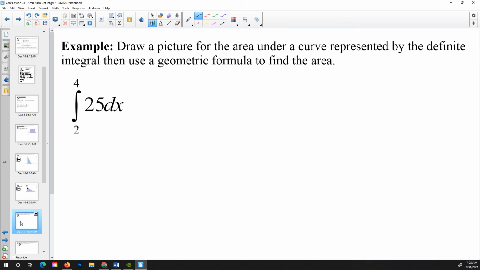Example, draw a picture for the area under a curve represented by the definite integral, then use a geometric formula to find the area. Okay, so it's just a constant, and remember, the graph of a constant is a horizontal line.